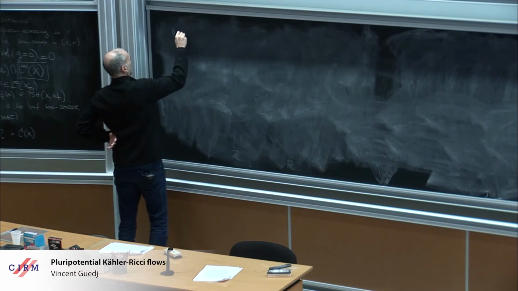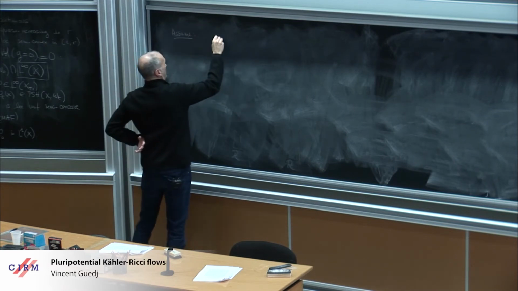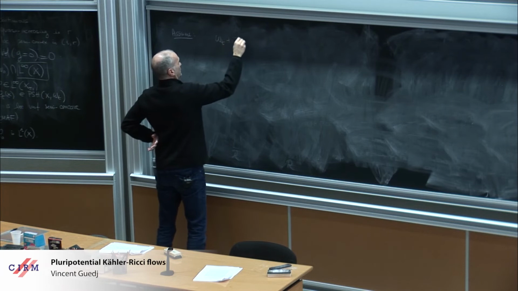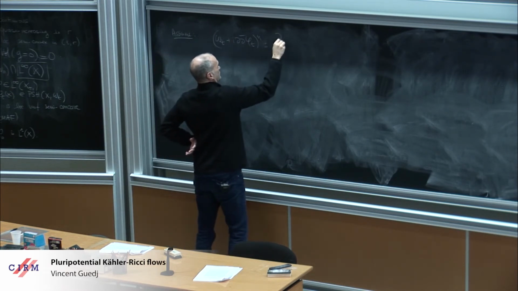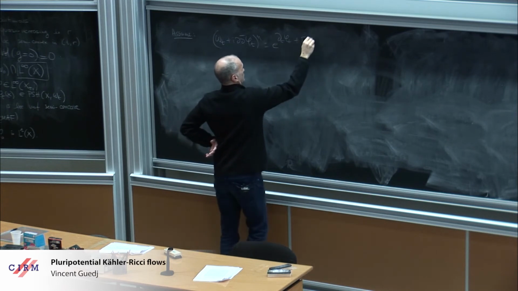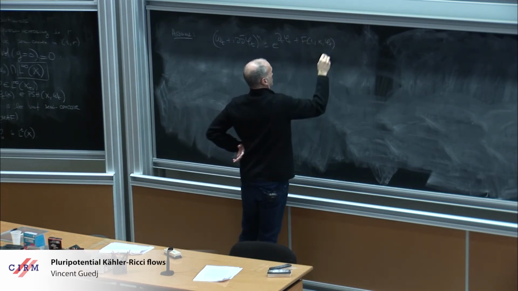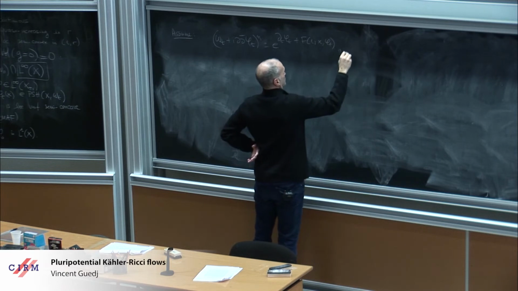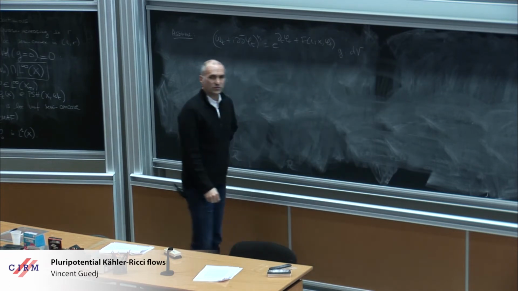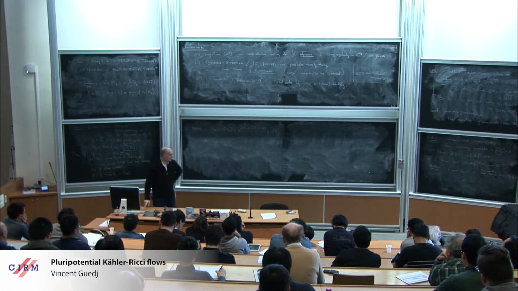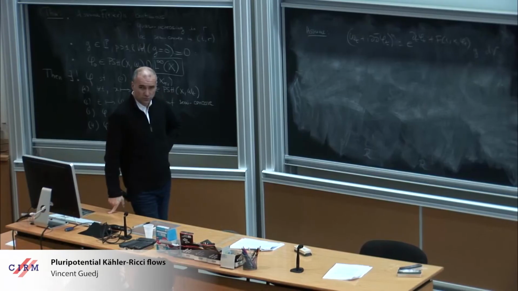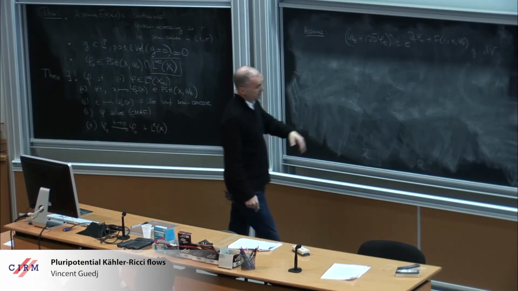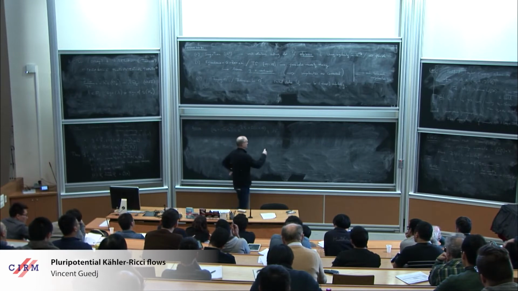Assume you have the following equation. But assume just for now that omega_t is a Hermitian form, that f is a smooth function, and that g is a smooth and positive function.